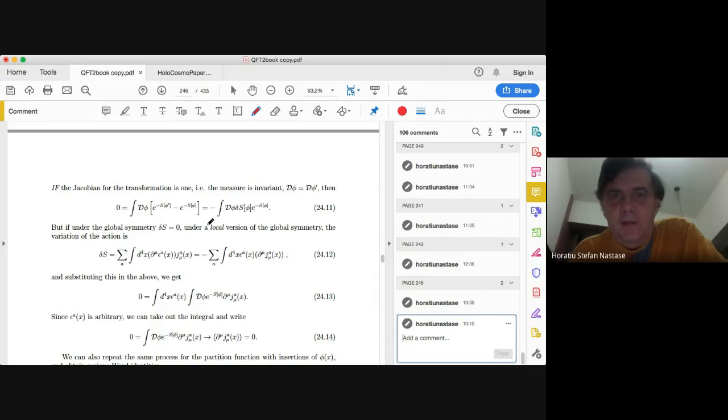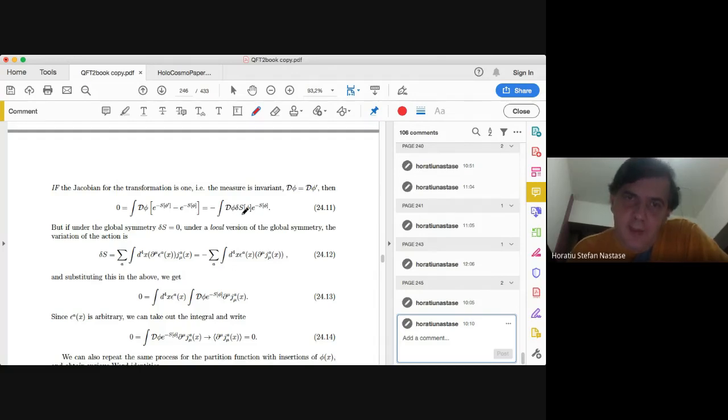But then let's consider a local version of this global symmetry, in which the variation of S will not be equal to 0, but will be equal to the integral of the derivative of the parameter, which now depends on x, times this current. By partial integration, assuming epsilon goes to 0 at infinity, I have minus, because of partial integration, integral epsilon times d mu j mu a.